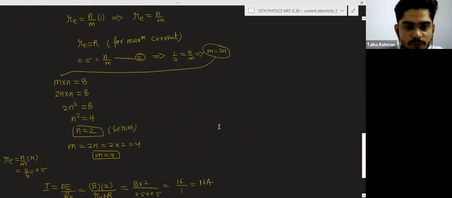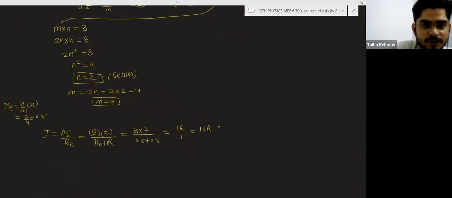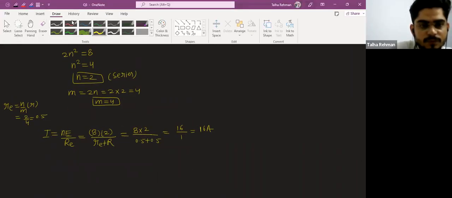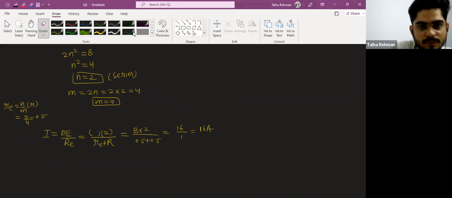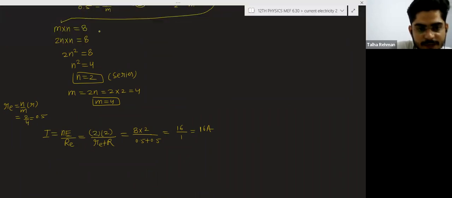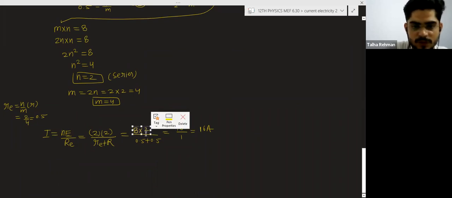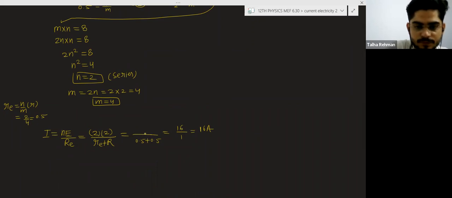This is 4. This is not 8. This is 4. Means each cell have the EMF. So this will become 4. So answer will become 4 ampere.